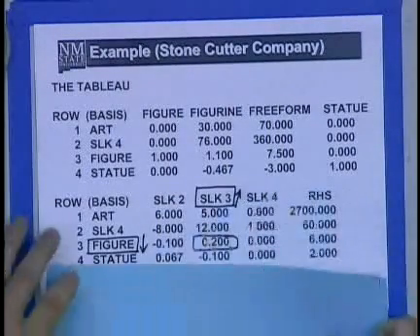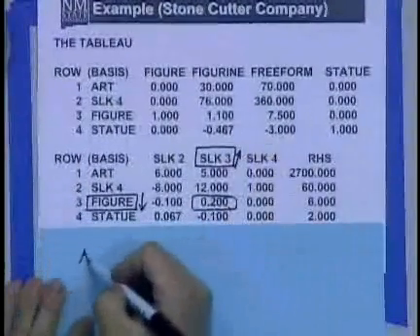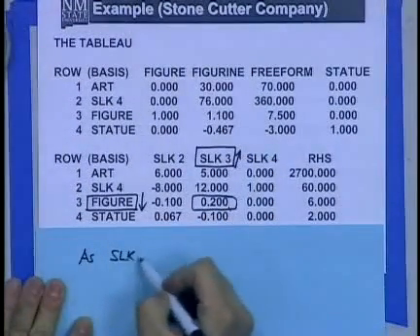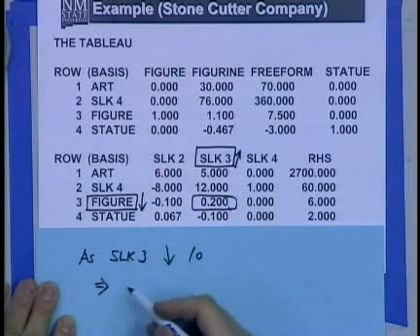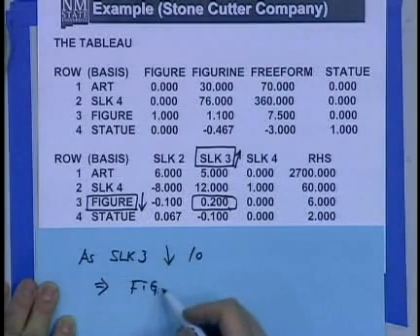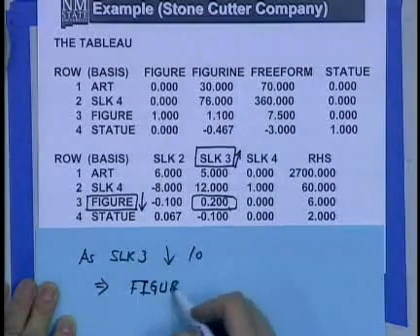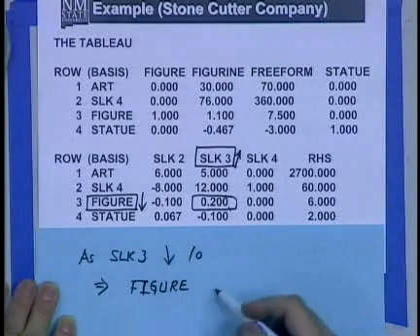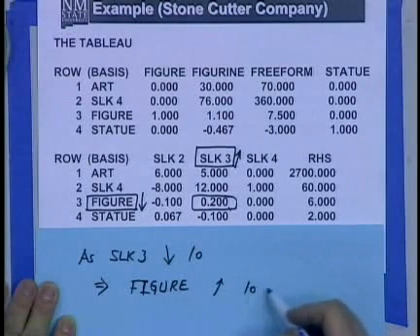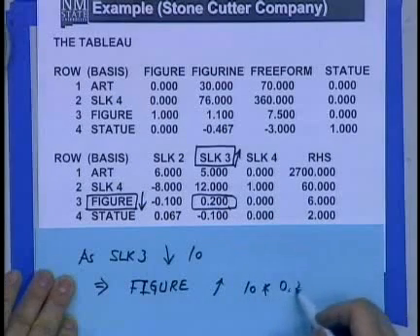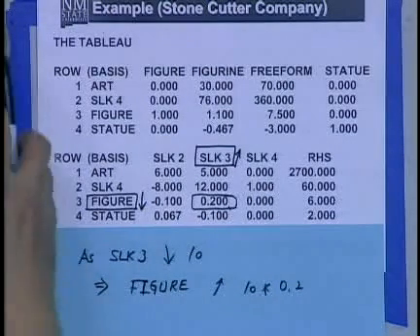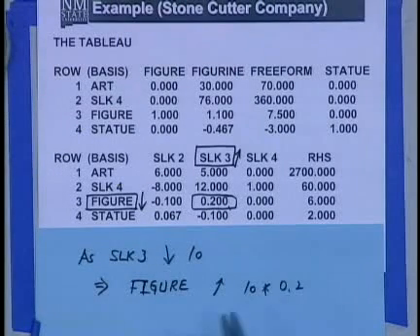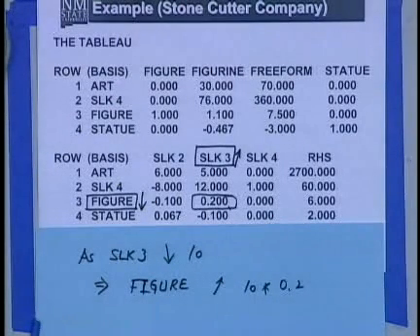Which means as slack 3 decreases by 10, the basic variable figure increases by 10 times 0.2. So if 10 additional hours of chiseling were available, the number of figure would be increased by 2. Okay?